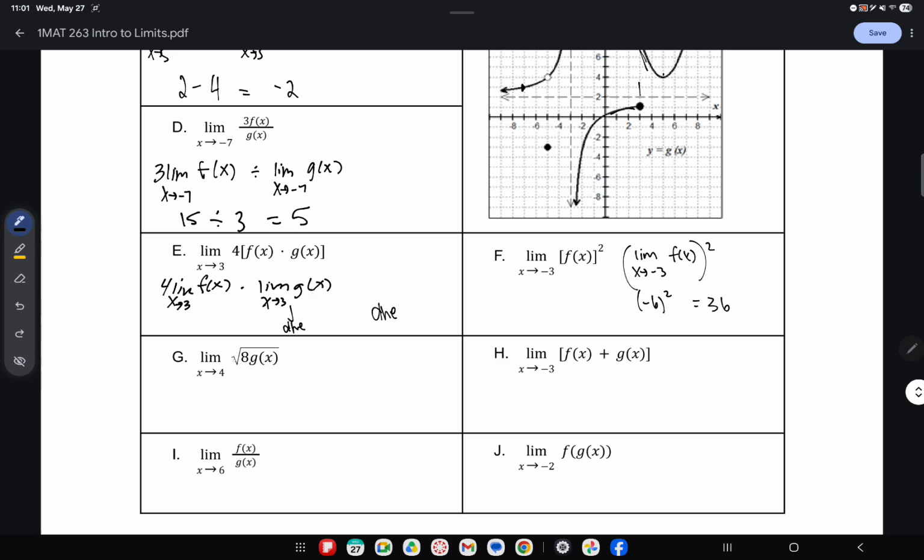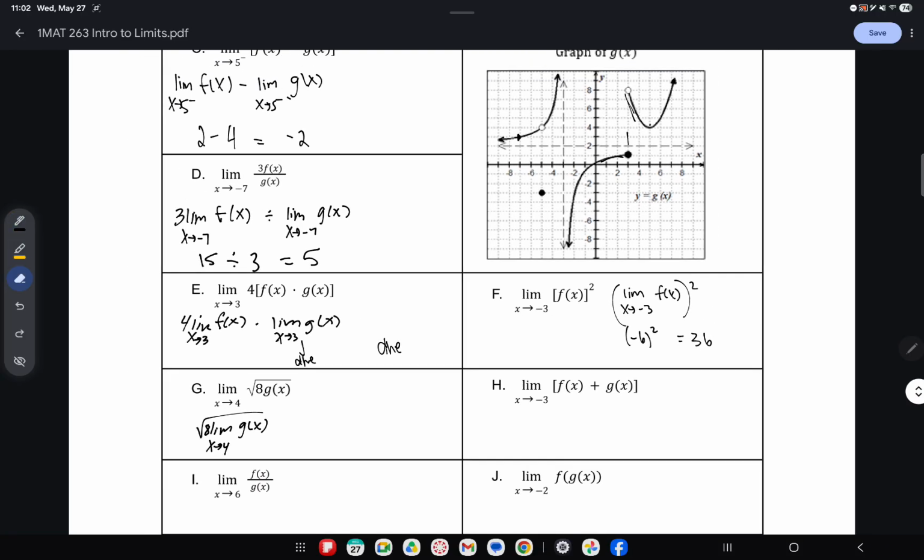All right, we have the limit as x approaches 4 of the square root of 8 times g of x. So really, we can take the square root of the limit as x approaches 4, and really, let's move that 8 out front. 8 times the limit as x approaches 4 for g of x. Let me erase some drawings here. So at 4, the limit looks to be 5.